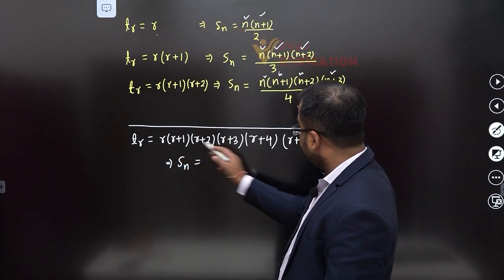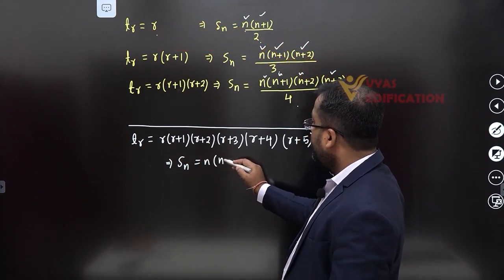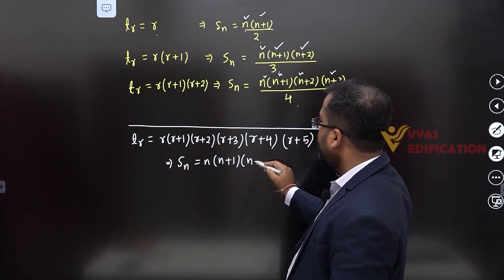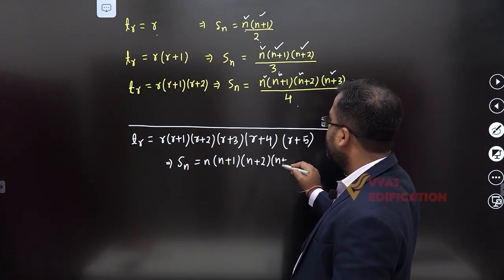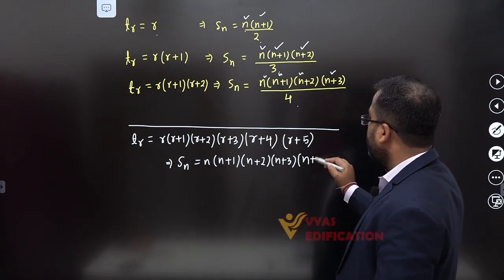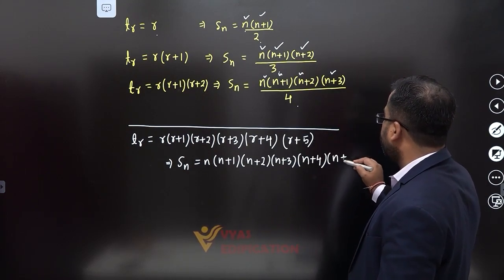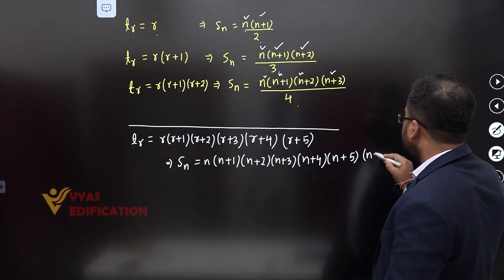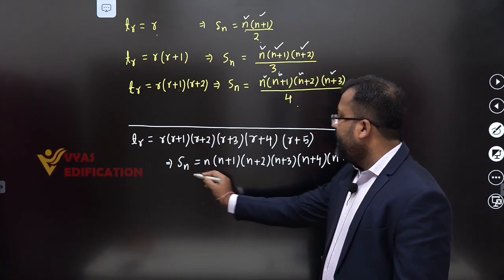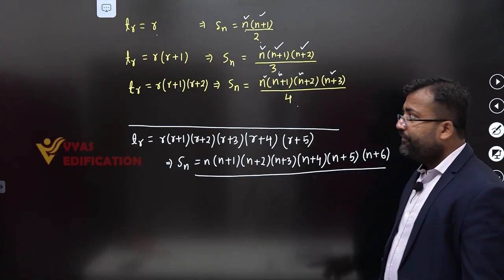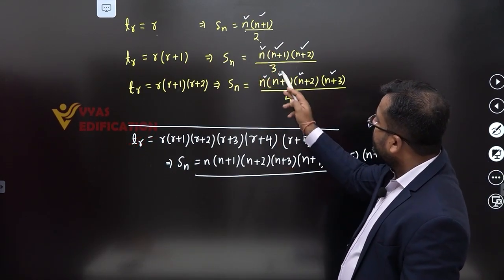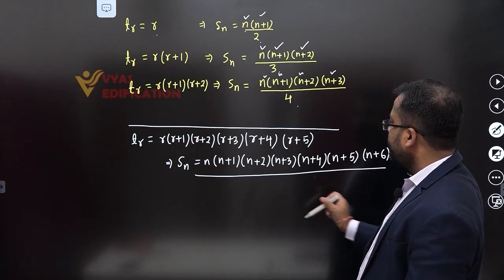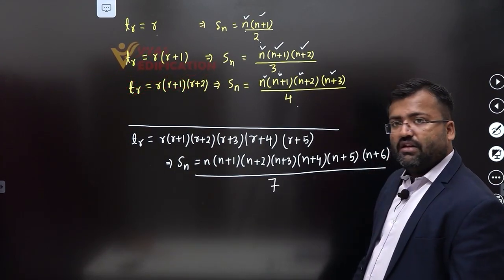So Sn will be, first write this: n plus 1, n plus 2, n plus 3, n plus 4, n plus 5, and the next term, which is n plus 6, and divide by the number of terms: 2, 3, 4, similarly 7.